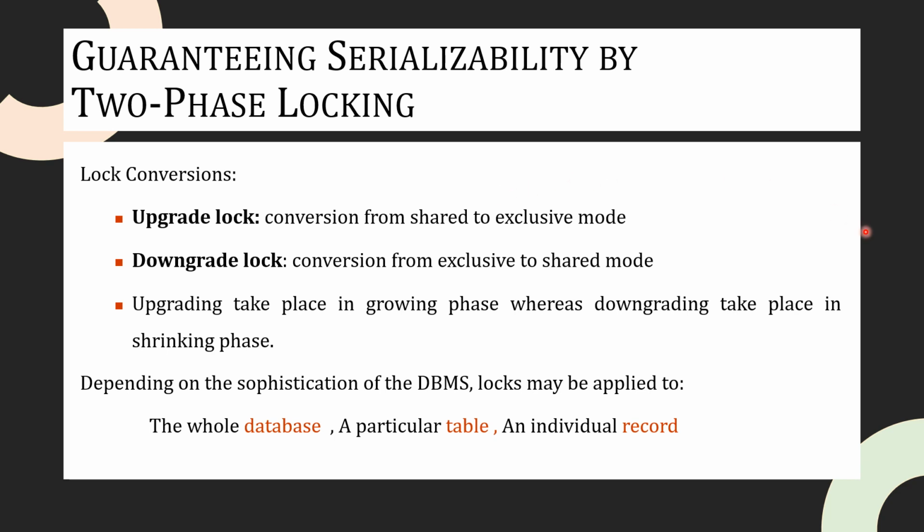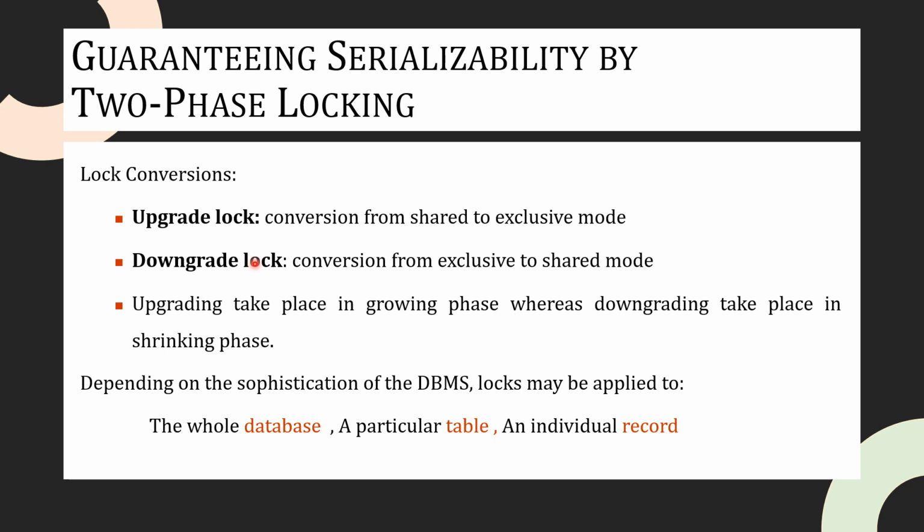Now let's look into the lock conversions, the conversions between the locks. As we said, we have two locks, the read lock or shared lock, and the exclusive lock or write lock. Upgrade lock means the conversion from shared to exclusive mode. In shared mode, the transaction can only read but not write. From that mode, if you move to the exclusive mode, where we can have both read and write, it is called upgrade locking.